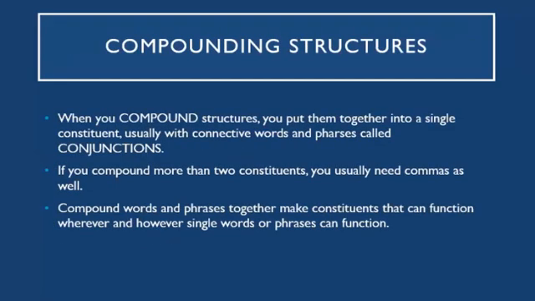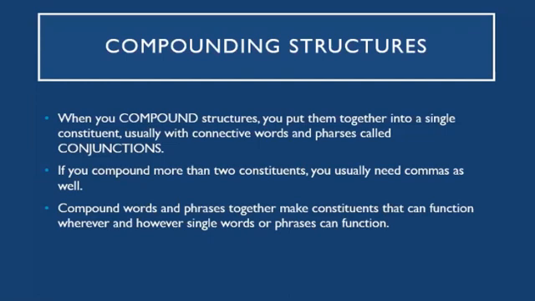Now let's go to compounding structures. Compounding is to join, to put them together in one constituent, right? And for that we use connective words called conjunctions. I think it was Samuel talking about conjunctions this morning, right? And then there are punctuation rules. If you compound more than two constituents, you usually need commas as well.